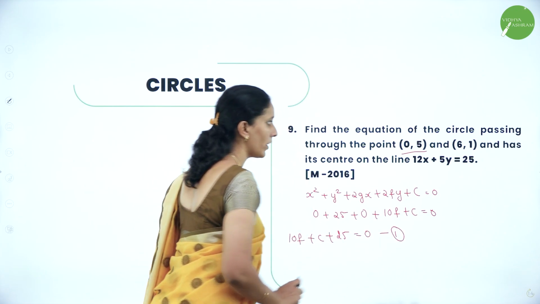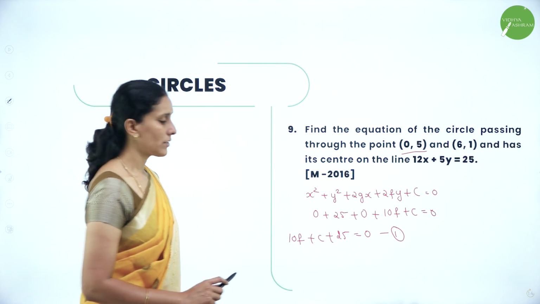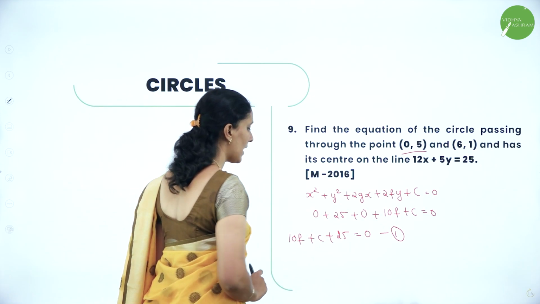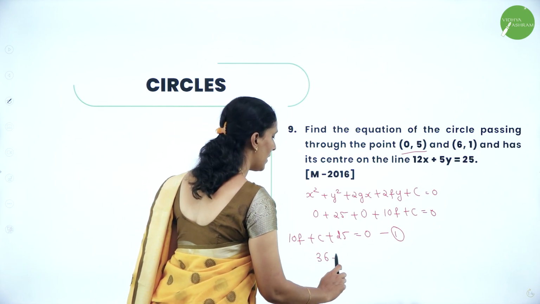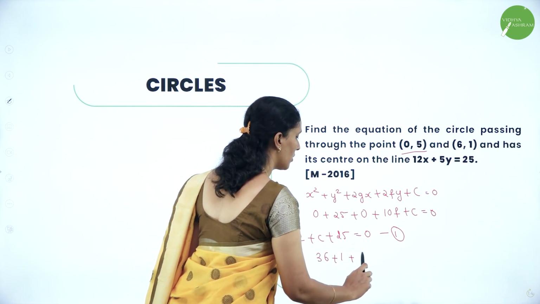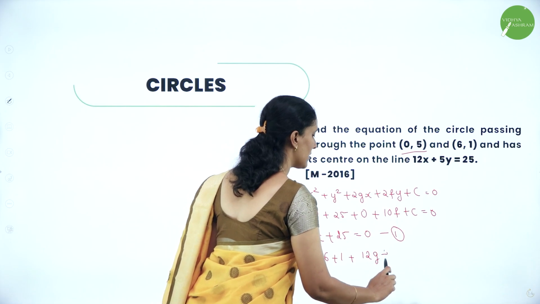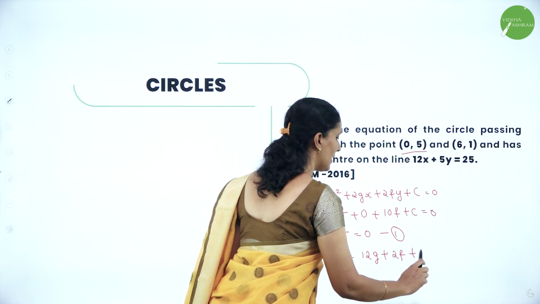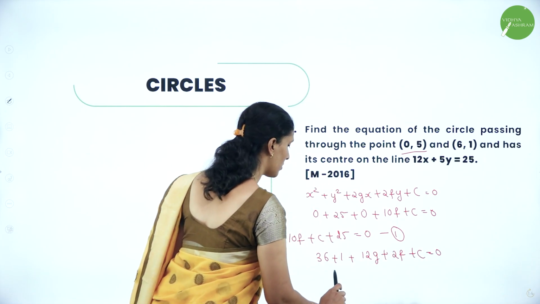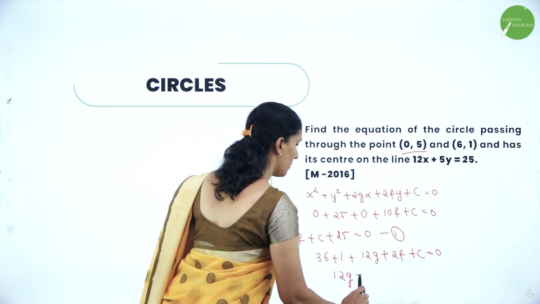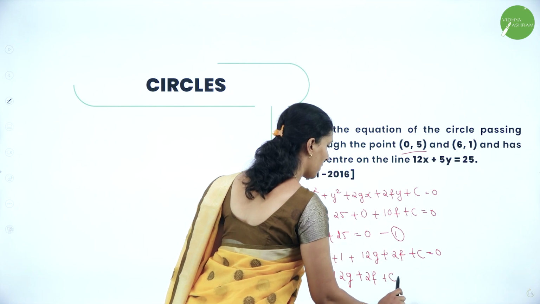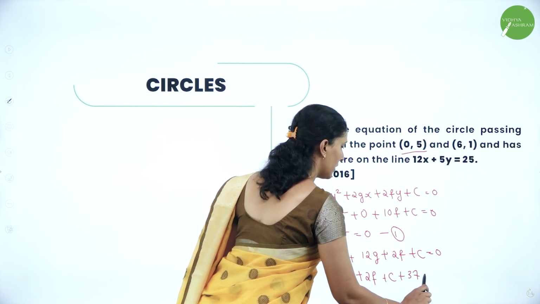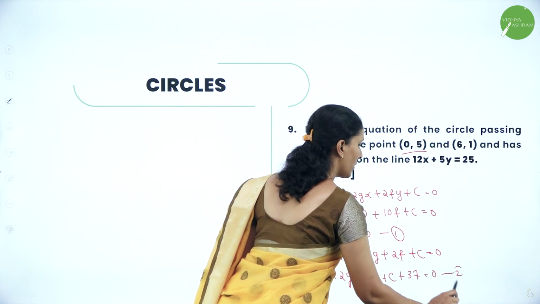Let's take this as equation 1. The second one is (6, 1). So we will get 6 square, that is 36, plus 1, plus 12g plus 2f plus c is equal to 0. So we'll get 12g plus 2f plus c plus 37 is equal to 0. Let's take this as equation 2.